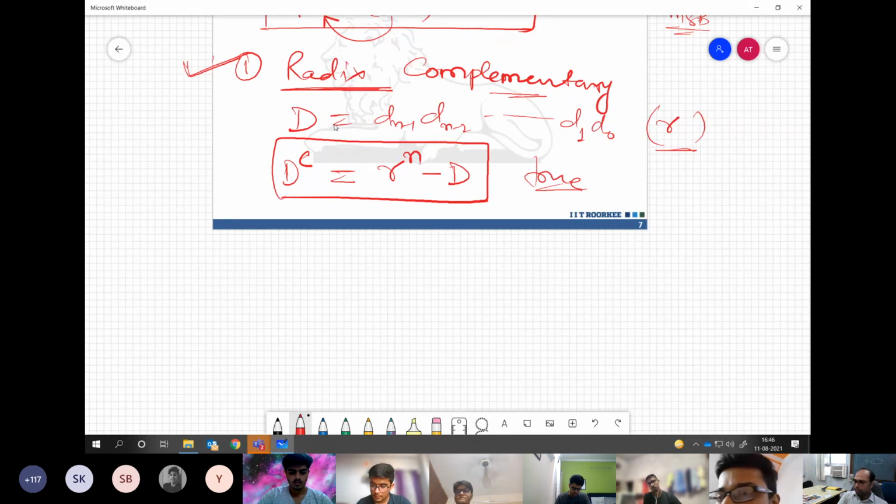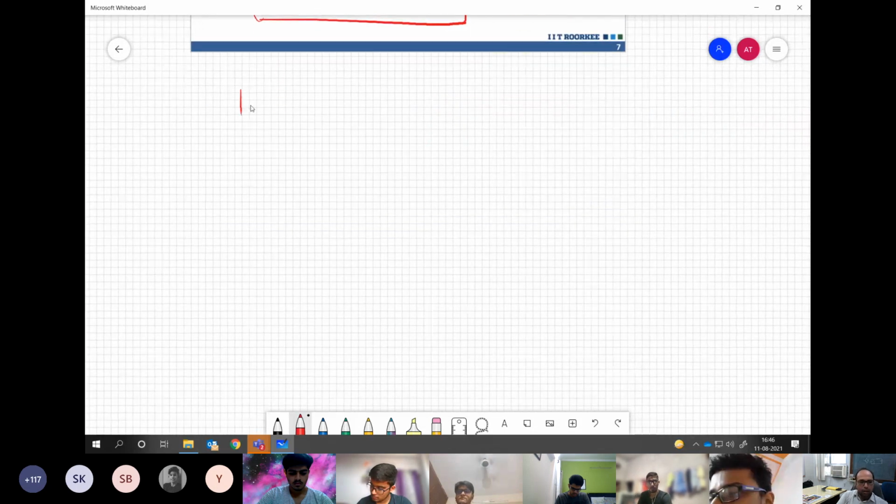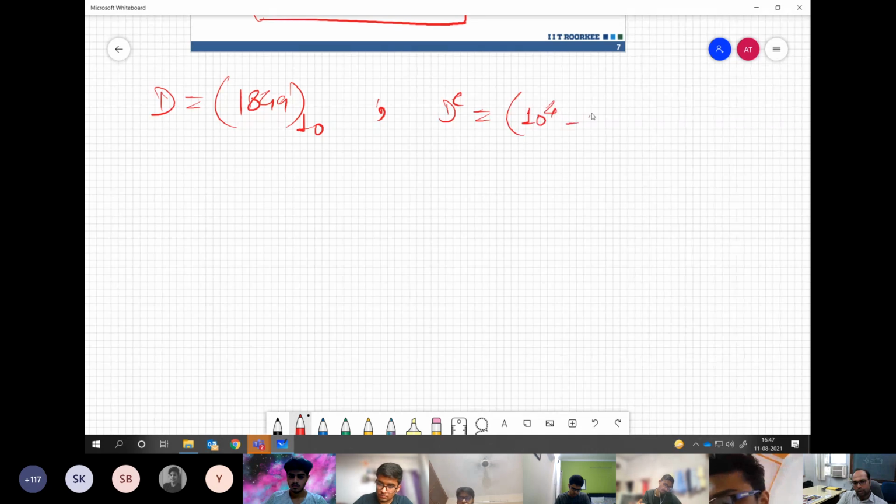Understanding my point? For example, let us say we take the number 1849 at base 10. This is our number and we want to generate the complementary number. So can you tell what it would be? 10 raised to the power 4 minus 1849 at base 10.